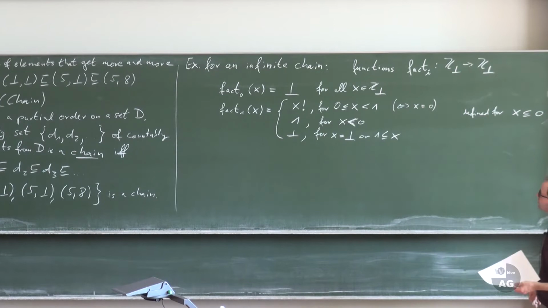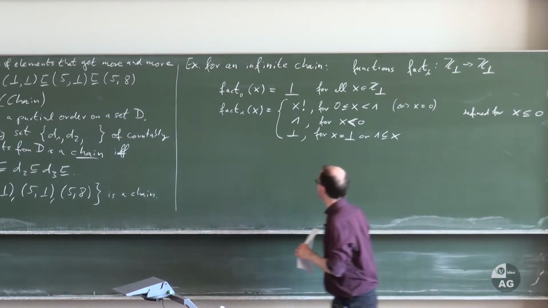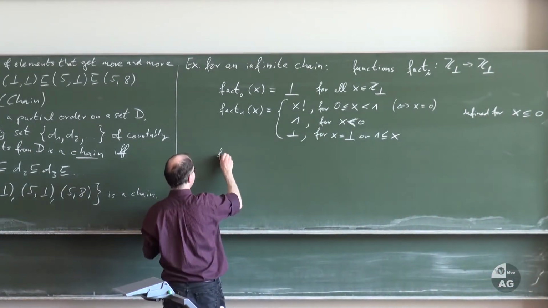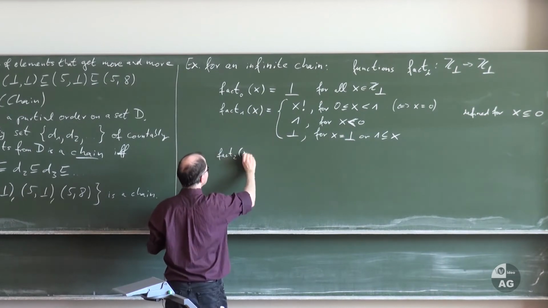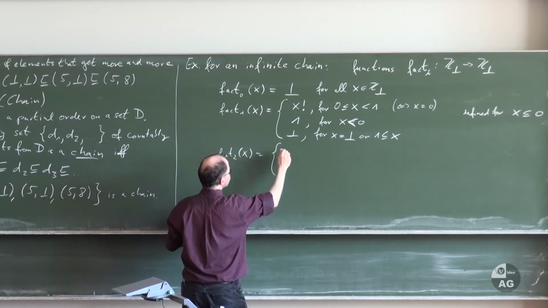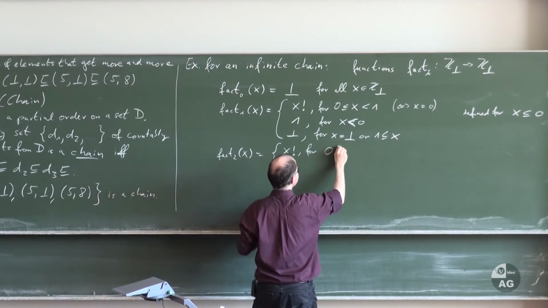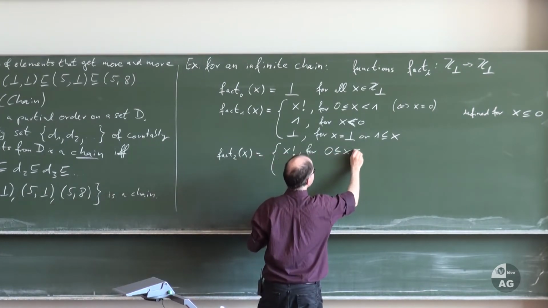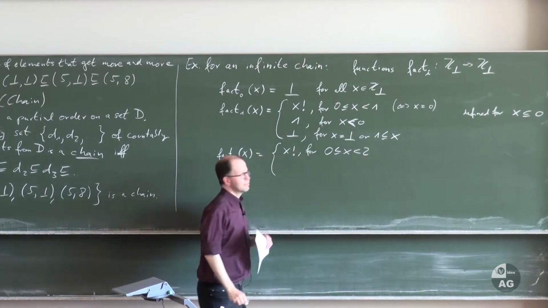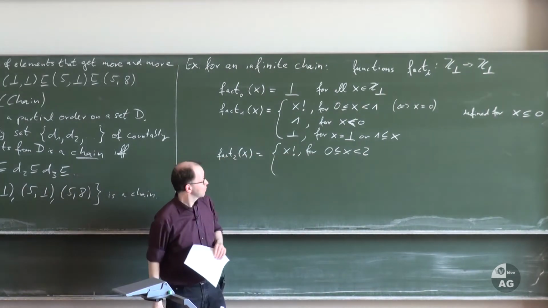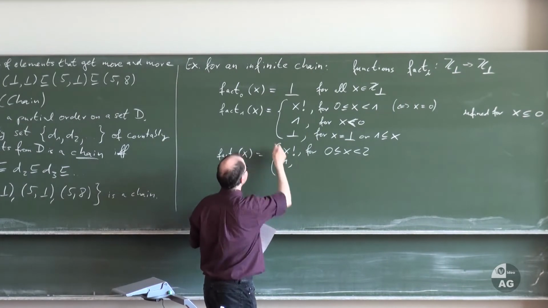For larger numbers, it's not doing the right thing, but the next approximation is better. So fact 2, it does the right thing. So it computes x factorial for all positive numbers that are smaller than 2. So in other words, for 0 and 1. And for the rest, it behaves like fact 1.